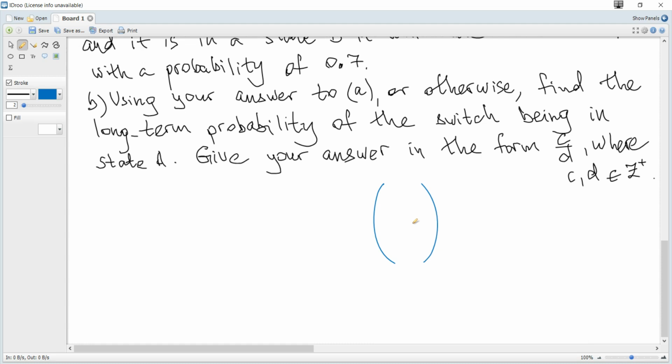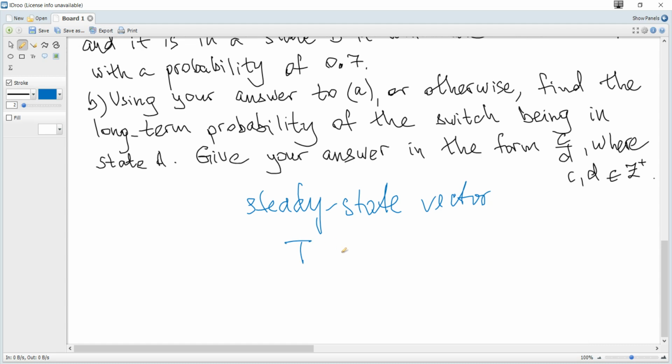And to answer such questions, we need the steady state vector. Steady state vector means that a transformation acts on some vector and we get absolutely the same vector. It's something like a limit, some equilibrium situation after a very long period of time.